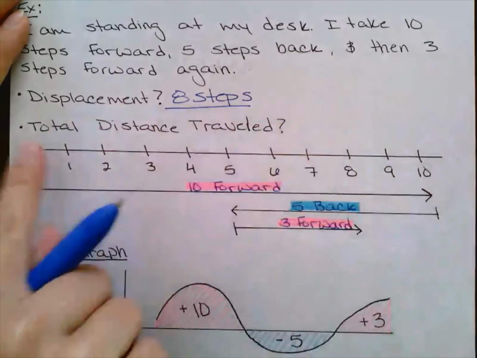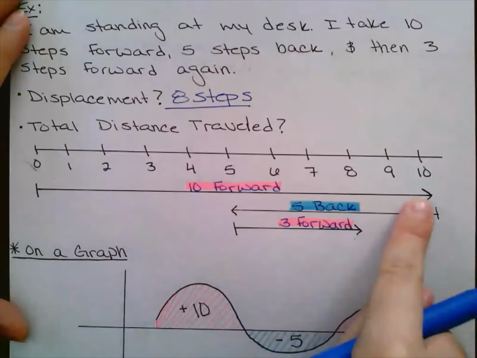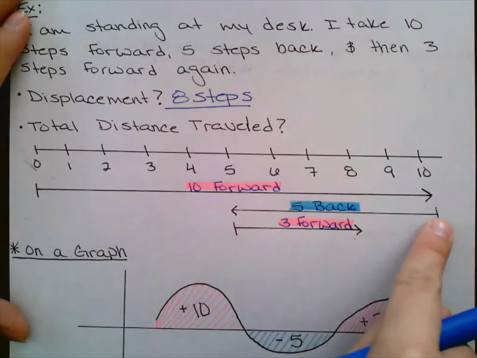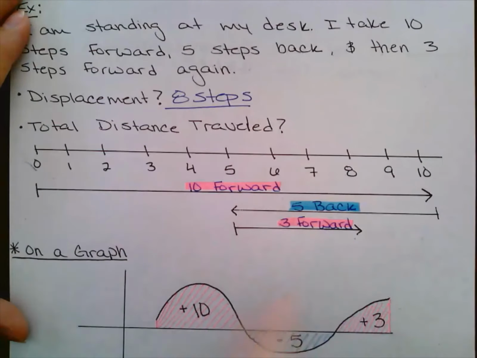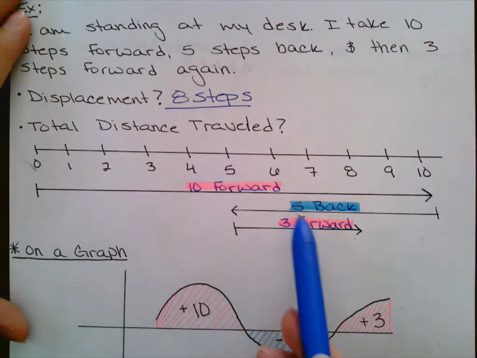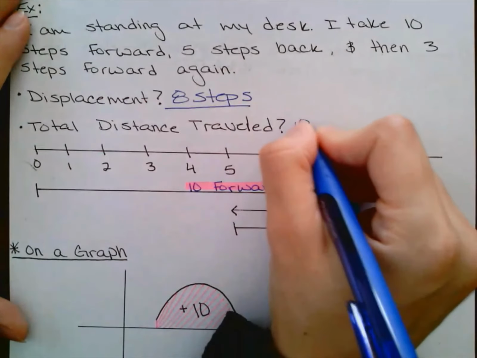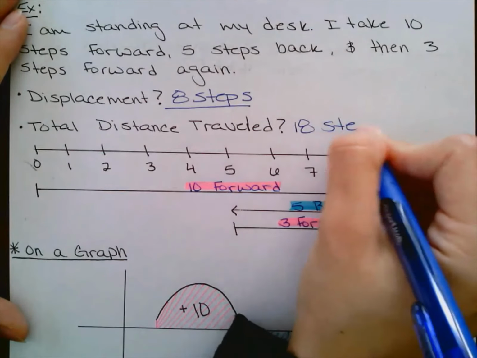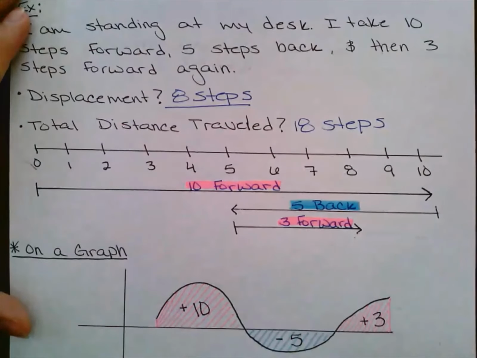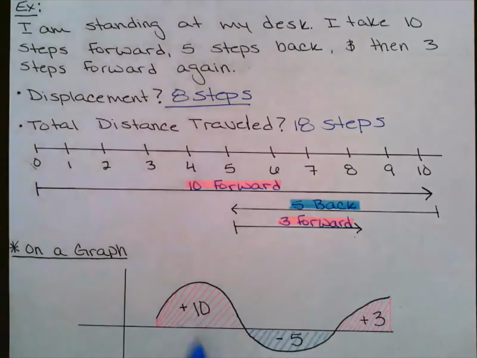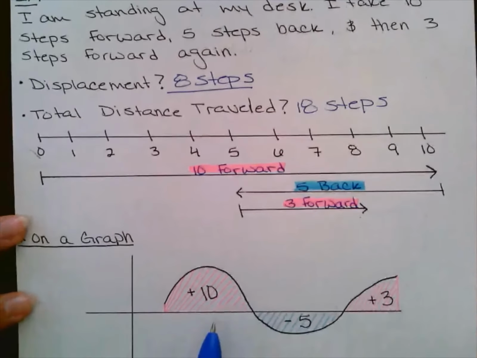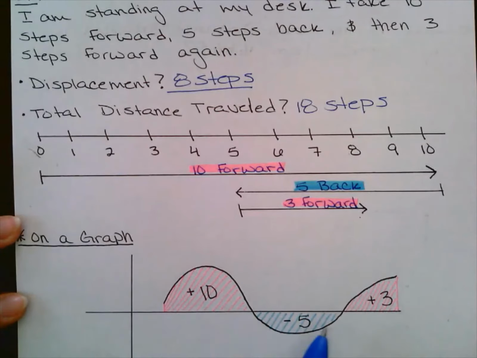Okay? Total distance traveled asks me how many steps did I take in total. I'm going to count the ones I took backwards as a positive. I have 10 plus 5 plus 3. I took 18 steps. Okay, and you can see that down here in a graph visually, and it's very important to understand these graphs because a lot of times in the AP test, they'll just show you the graph and expect you, so from this graph, they'll say, how displaced were you?